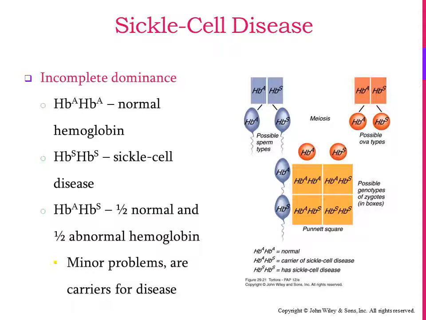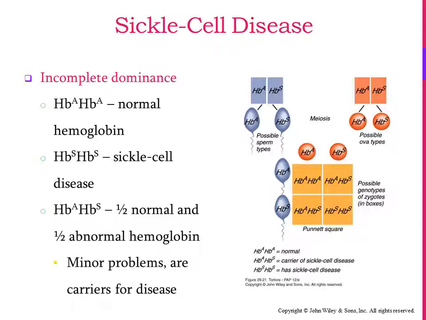So the hemoglobin A homozygous individual would be normal, have normal hemoglobin, normal oxygen carrying capacity. And the individual that is homozygous recessive for the S allele would have full-blown sickle cell disease, which is a debilitating condition with severe anemia, breakdown of red blood cells that clog arteries and cause multiple organ damage.